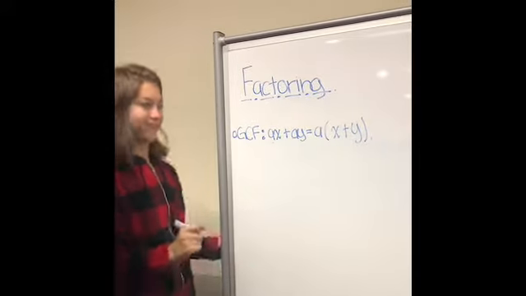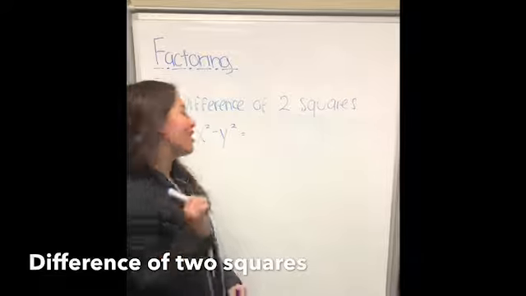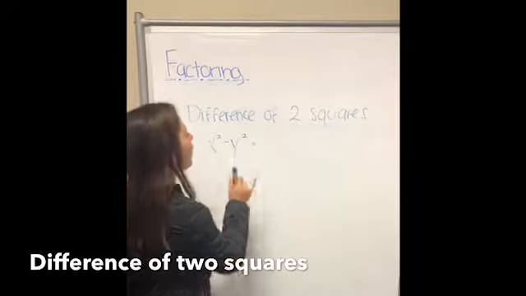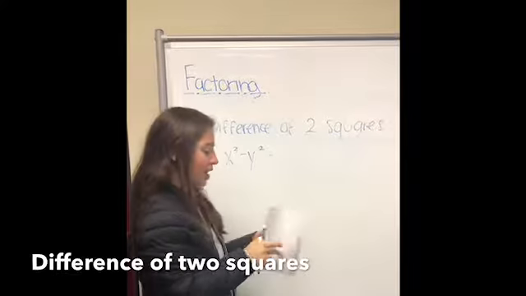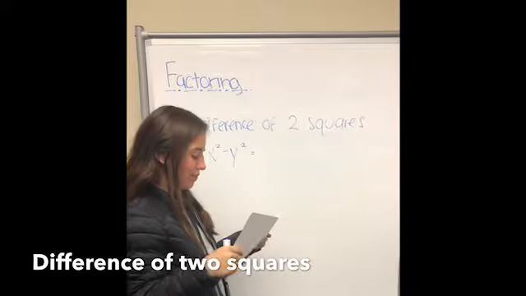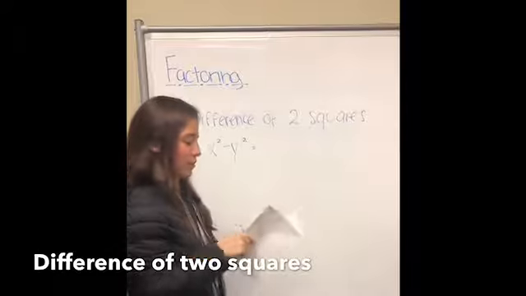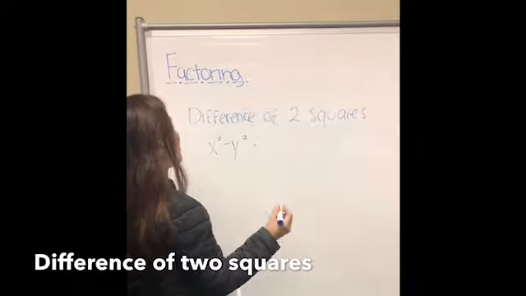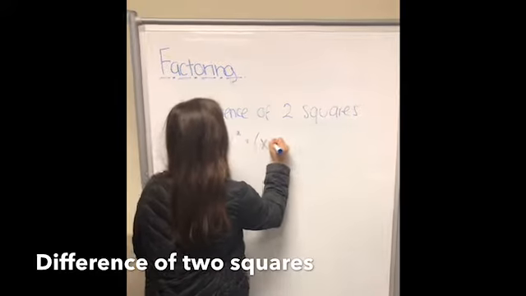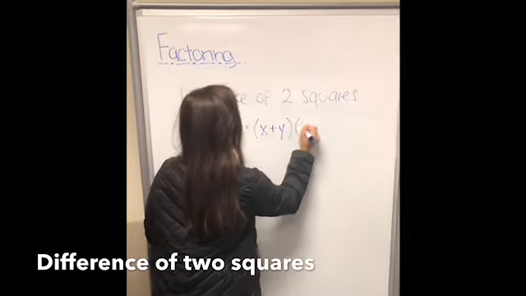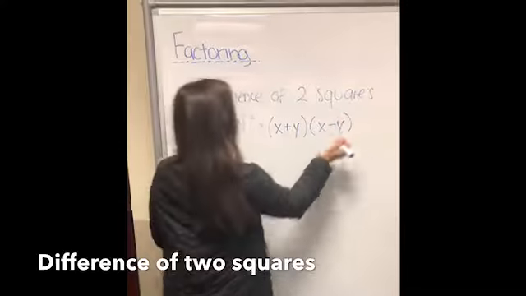That's the answer. Okay, when you have only two terms, there are only two formulas you can use: difference of two squares and sum or difference of cubes. So in here, you have to put x plus y and x minus y.